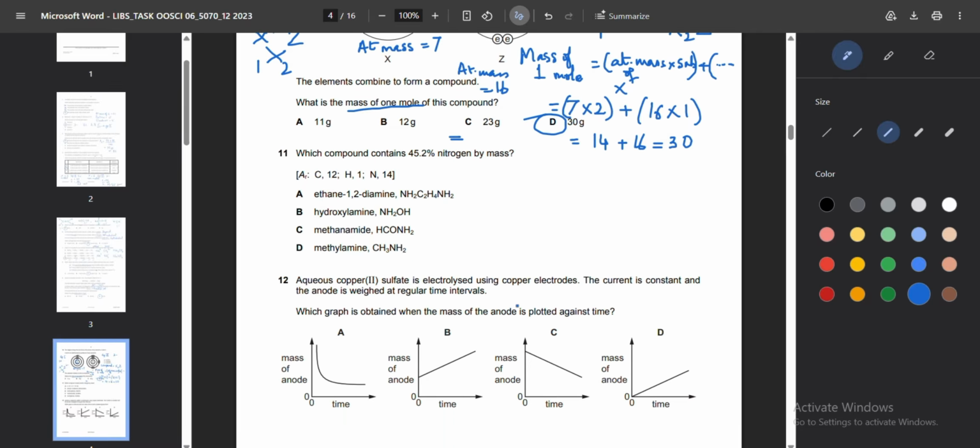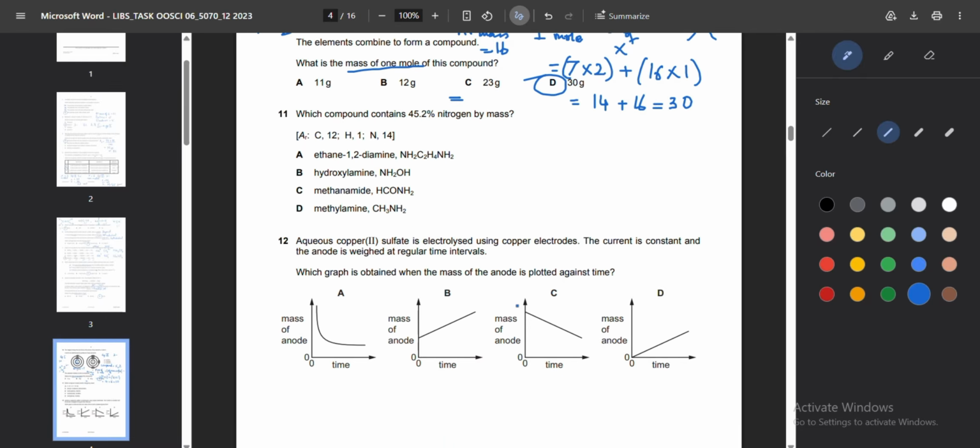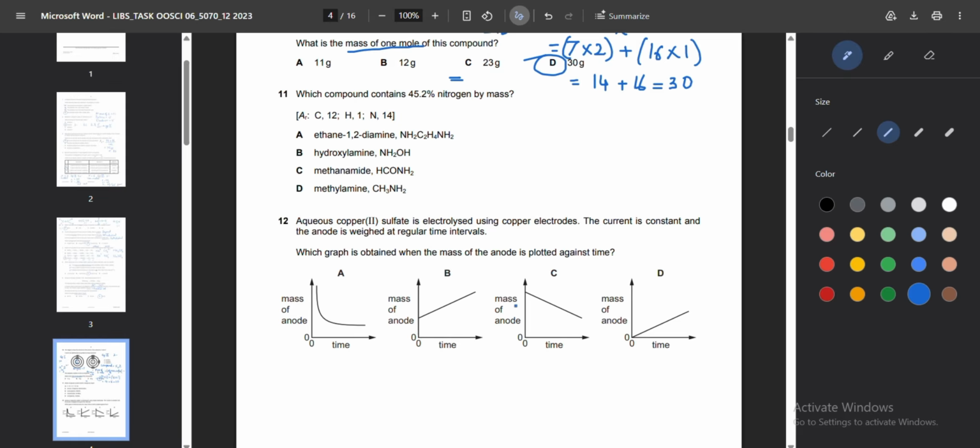Question number 11. Okay, so which compound contains 45.2% nitrogen by mass? Ethene 1,2-diamine. We can just quickly find their molecular masses.